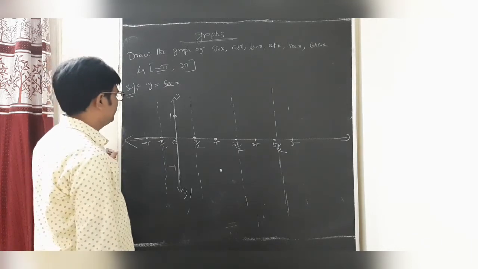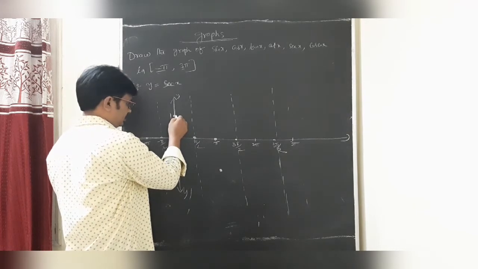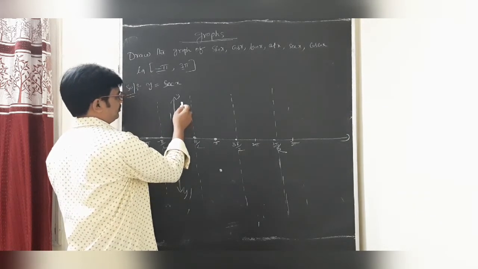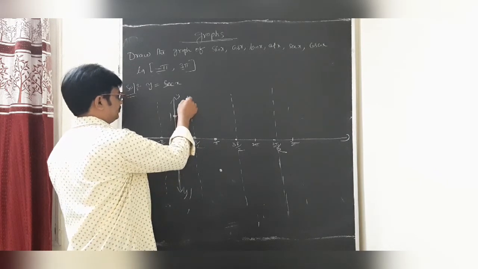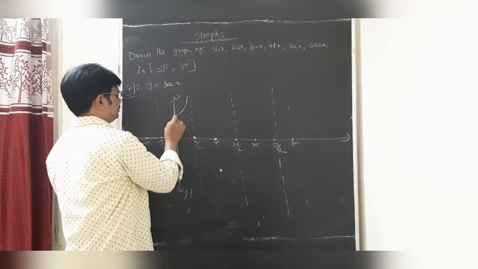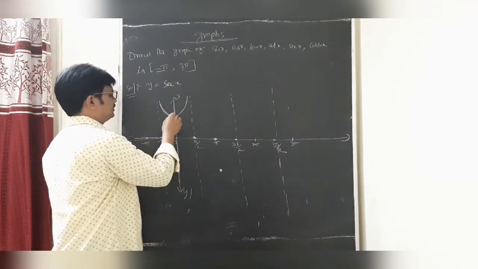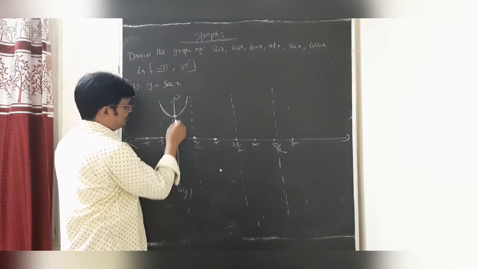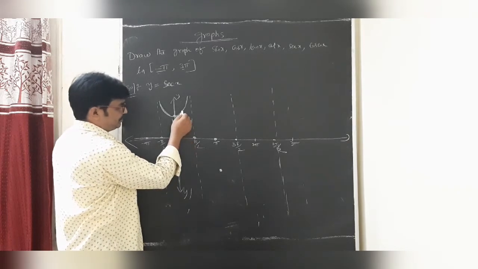My dear students, what we observed here: cos 0 is 1, but cos 60 is 1/2, and so on. All are positive values, but cos 90 is 0. Suppose you are taking 60, cos 60 is 1/2, that is 0.5.